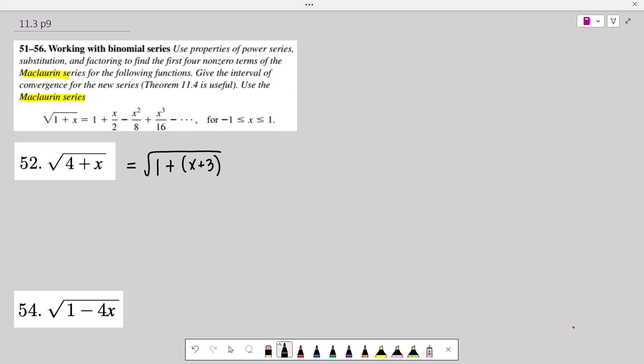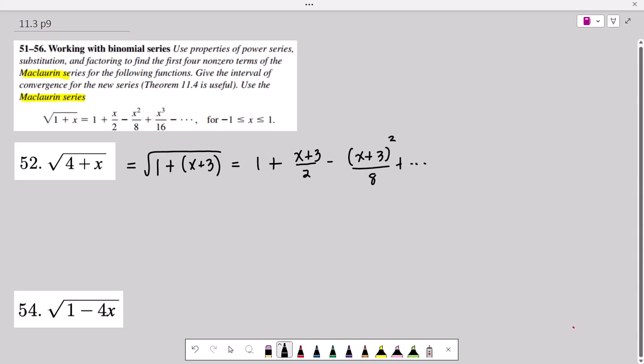So tell me this, is this a Maclaurin series? No, it's not centered at 0. It's centered at negative 3. It's not a Maclaurin series. So that subtraction technique does create a new infinite series for sure, but it's just not a Maclaurin series.